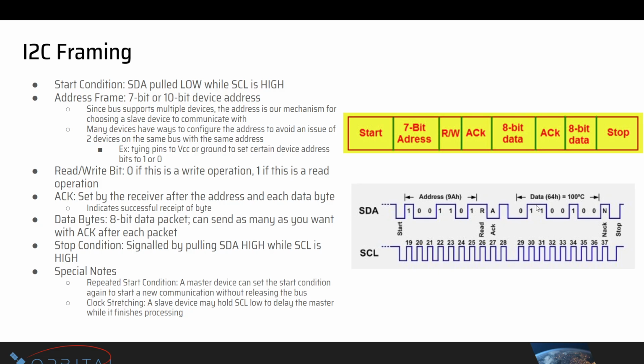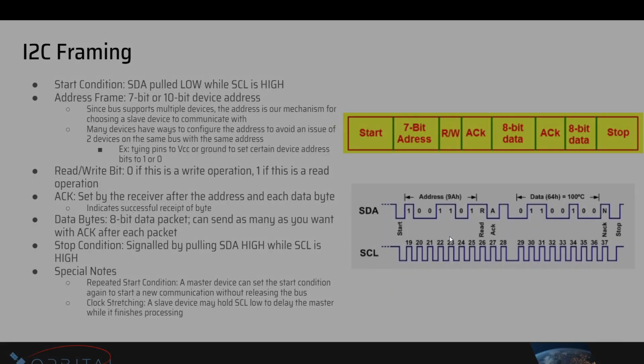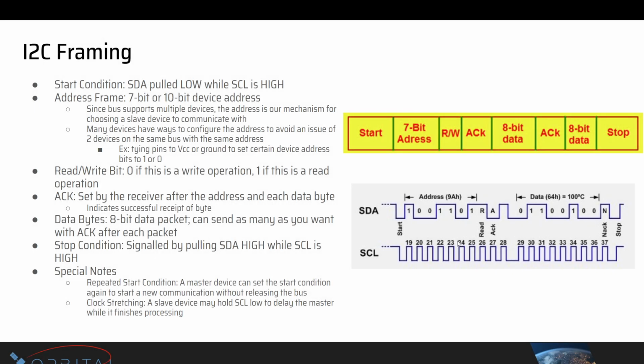So the master can just keep this clock signal going and send another start condition, so that it doesn't allow any other devices to see that the clock stopped, think the communication is done, and then try to jump in and do whatever they need to do. Since remember we can have multiple masters on this bus, one master can just keep the clock going and say that it's still holding the bus, so it can continue with its communication.